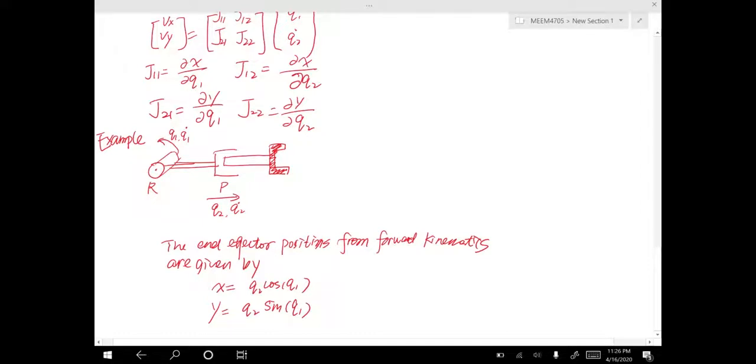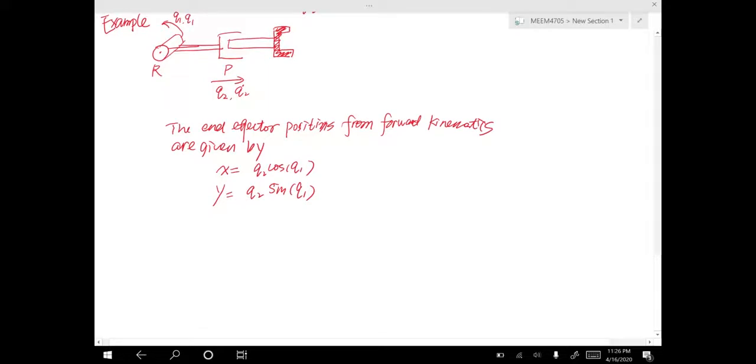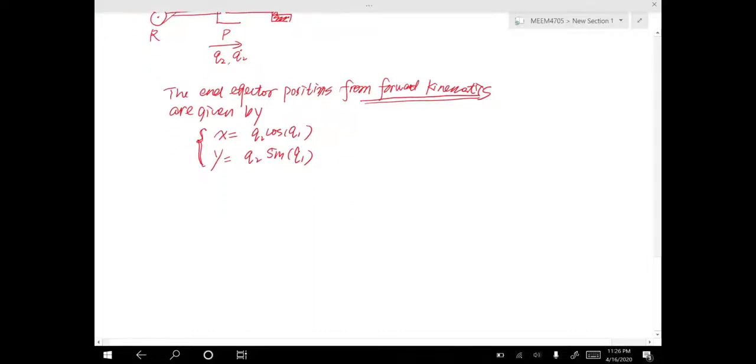Q1 in this case is theta 1, and Q2 is this d2. These two are calculated from the forward kinematics, meaning the DH convention, so we already calculated them. So the question is to find the linear velocity Jacobian.